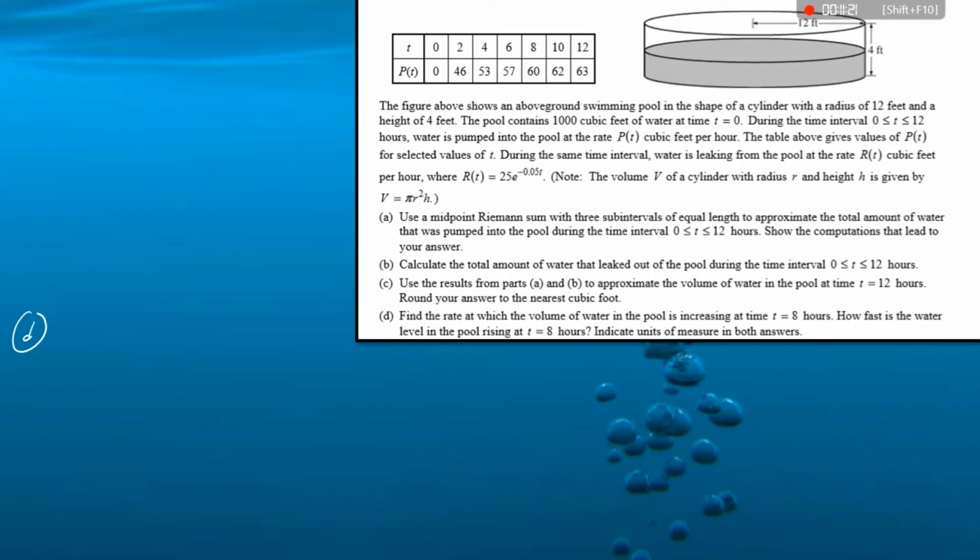V equals pi r squared h. You're not wrong, but we don't have a formula for h, so we might need another formula for volume.